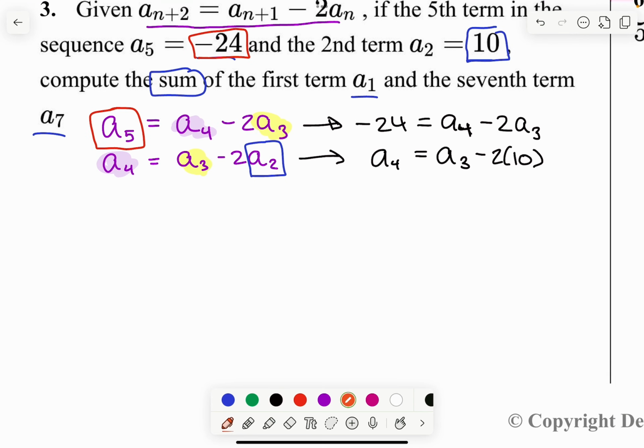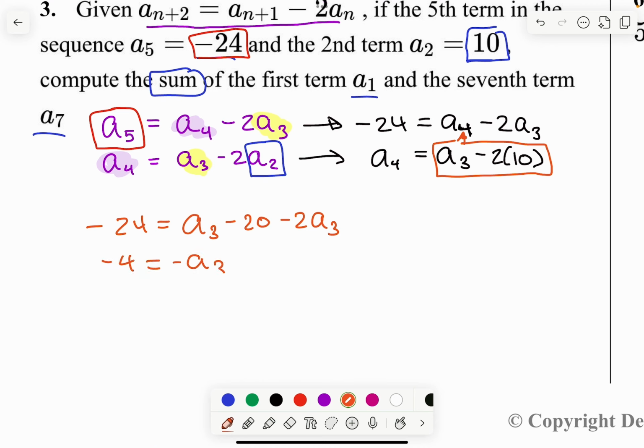And now I can actually take this whole expression, which is equal to A4, and put it right in there so that I get negative 24 is equal to A3 minus 20 minus 2 times A3. If I add 20 to both sides, I get negative 4. Collect like terms, I get negative A3.